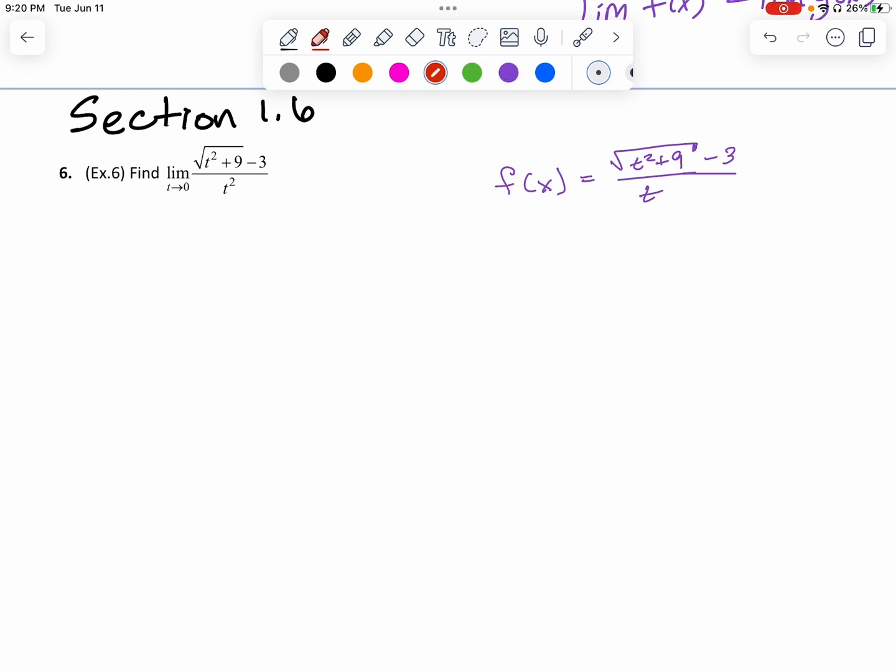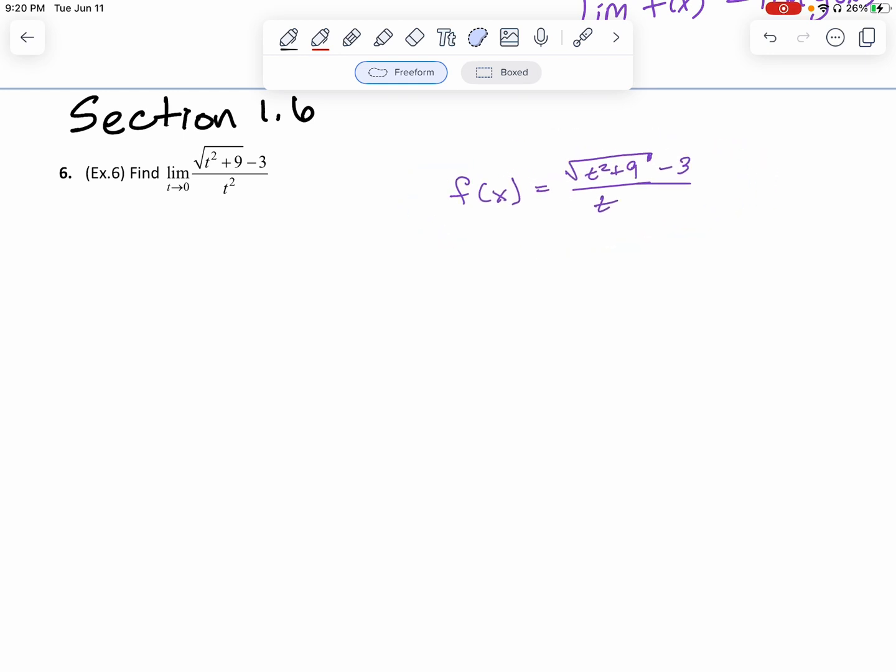So to get rid of a square root, I can multiply. It's kind of like rationalizing the denominator, except this time we're actually rationalizing the numerator.